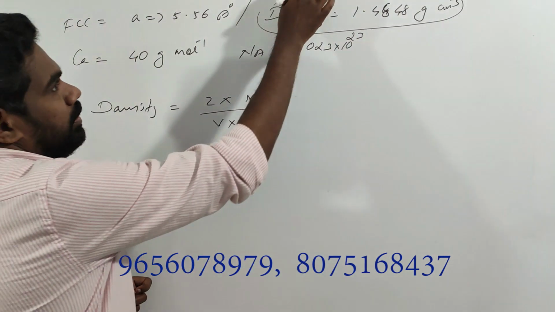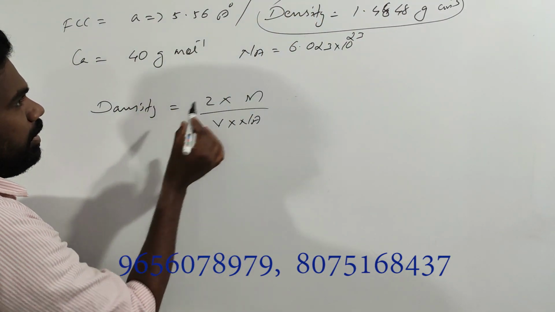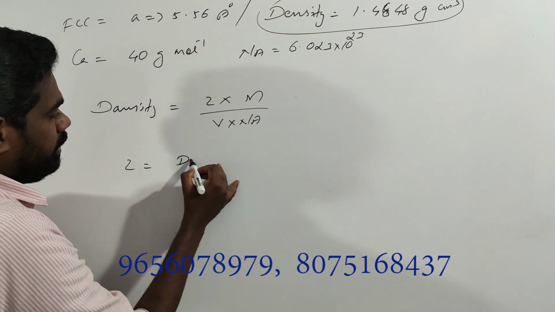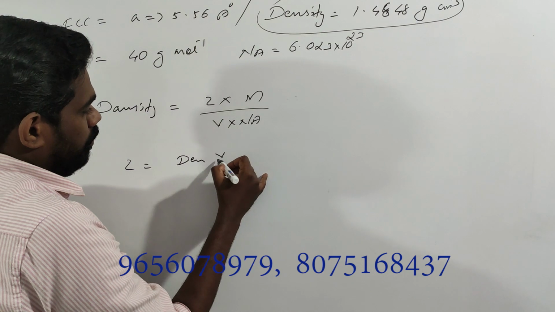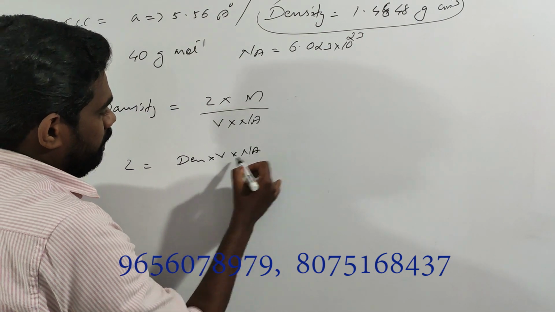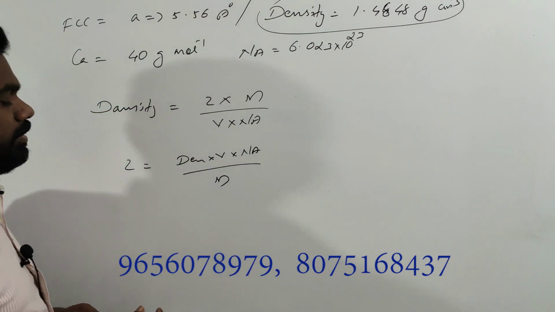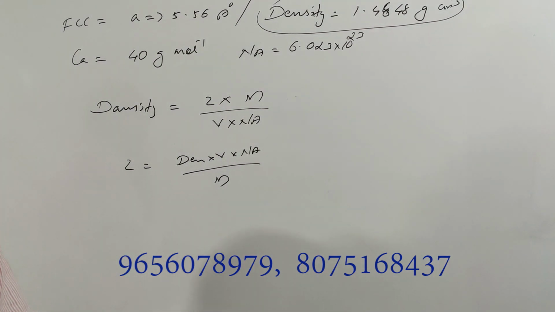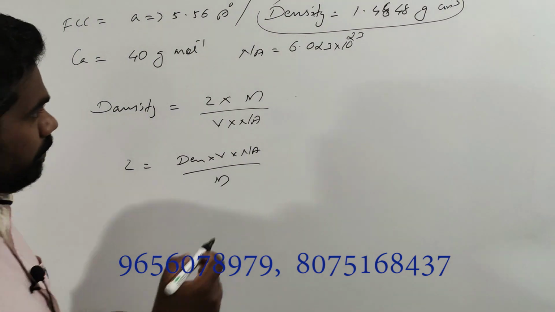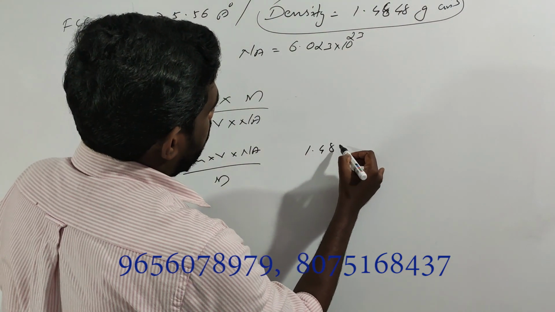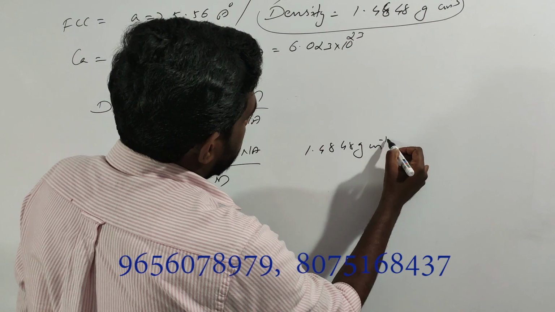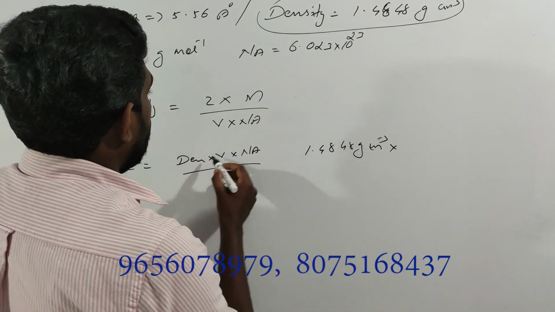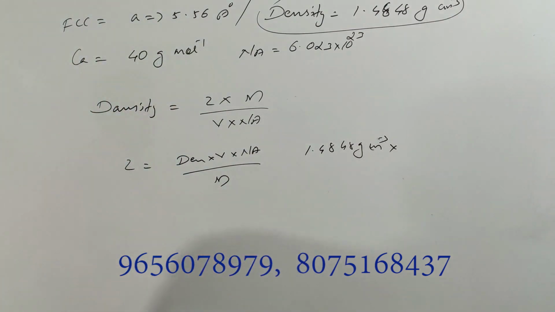So Z equals density into volume into Na divided by M. This is how we should calculate Z. If we substitute these values, we get 1.4848 gram centimeter raised to minus 3 into volume A cube.